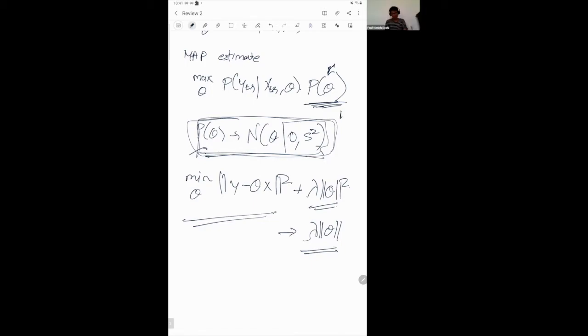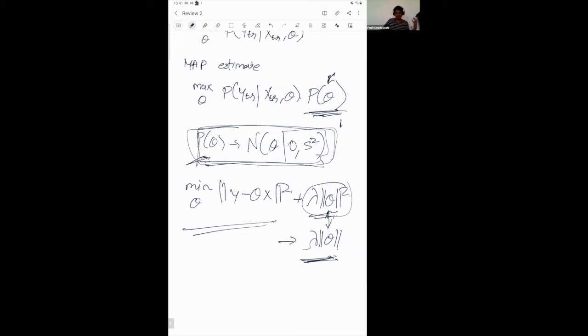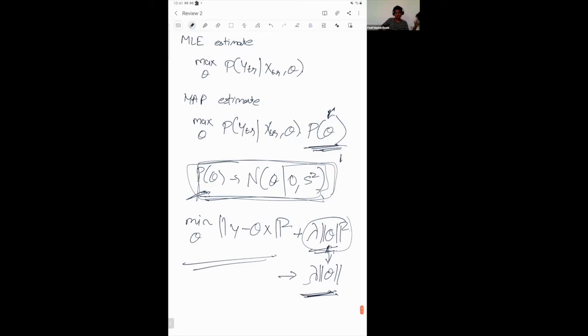Yeah, so if instead of this normal distribution you had used a Laplace distribution, this term would have been replaced by this. So if you want to relate it to all the machine learning that you have been doing, the MLE estimate would just give you a loss function, and if you incorporate the MAP estimate, it would also give you a regularizer of some sort.